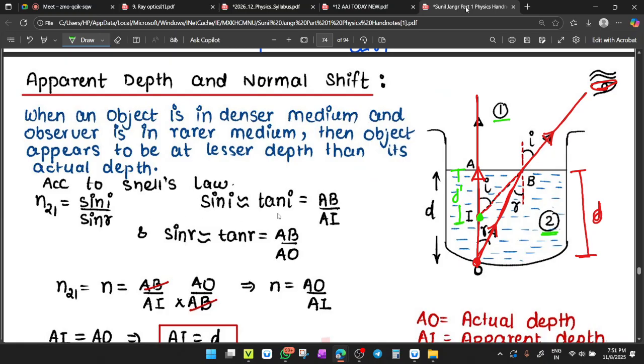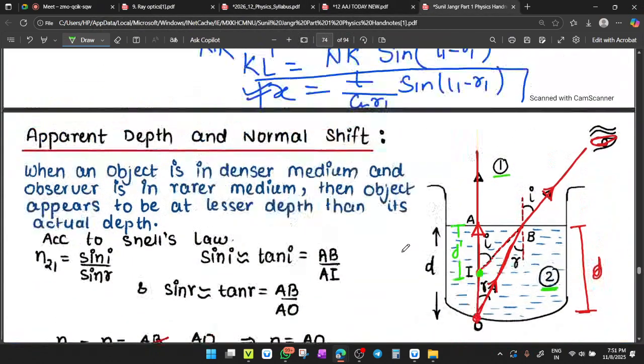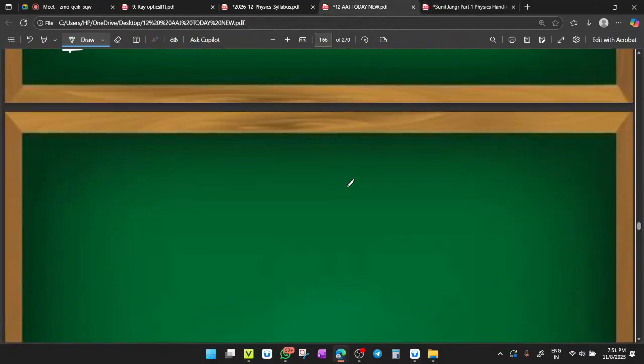Here we take sine i equals tan i. Why has this consideration been taken? Because in optics, for small angles, note this point, this concept will come many times.